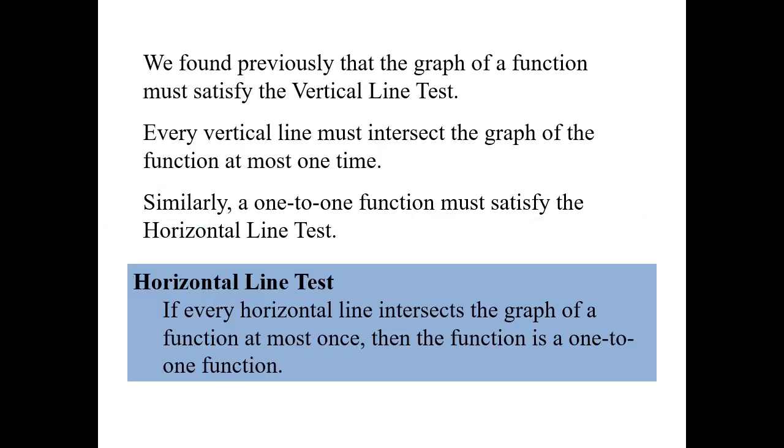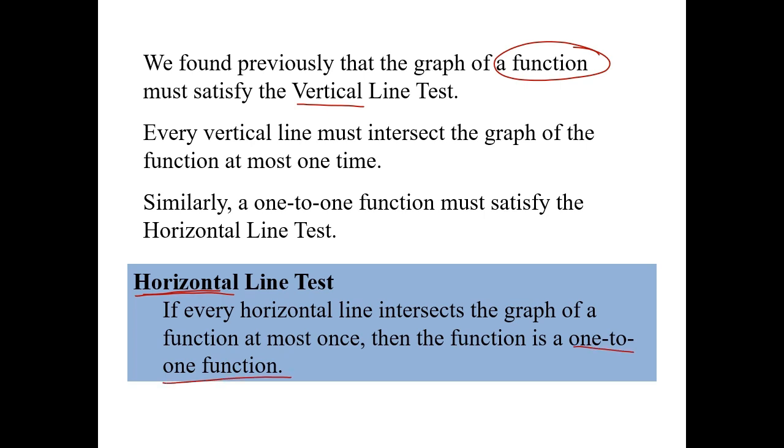Now, another way that we can look at whether or not we have a one-to-one function is through what we call the horizontal line test. Now, this varies from the vertical line test that we learned much earlier. The vertical line test tells us whether or not a relationship is a function. The horizontal line test tells us whether or not it is going to be a one-to-one function.